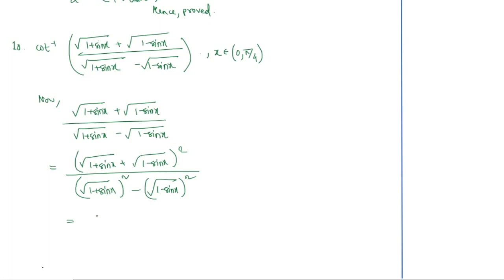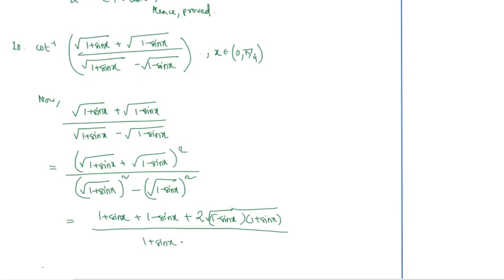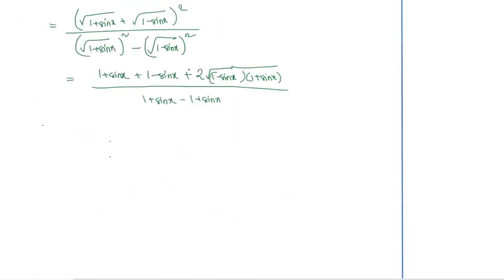Root over 1 plus sin x whole squared is 1 plus sin x, plus root over 1 minus sin x whole squared is 1 minus sin x, plus 2 into ab, that means 2 into root over (1 minus sin x) into (1 plus sin x). And in the denominator you simply have 1 plus sin x minus 1 plus sin x. Minus of 1 minus sin x will give you minus 1 plus sin x. Okay, just we need to solve it.